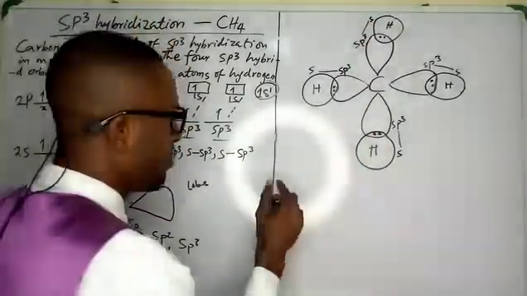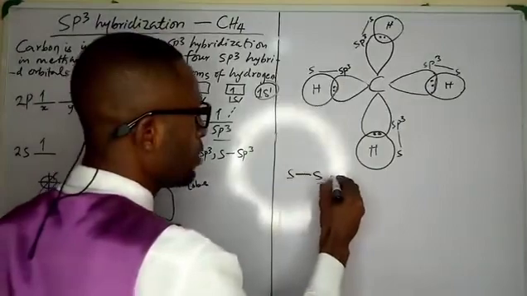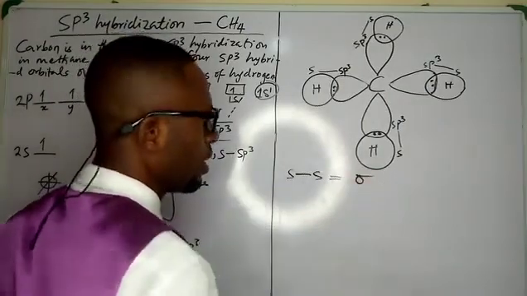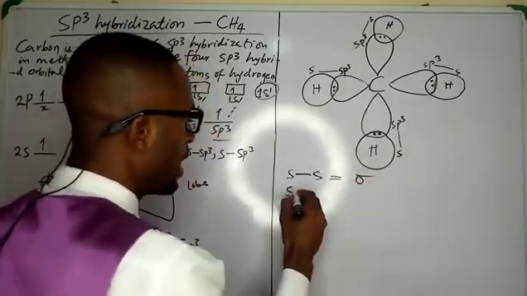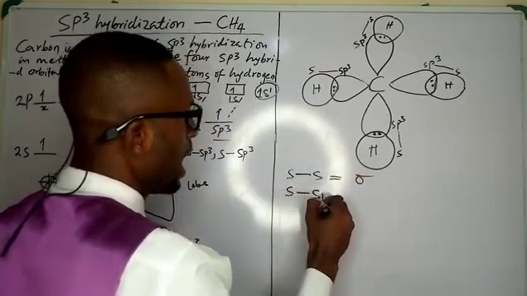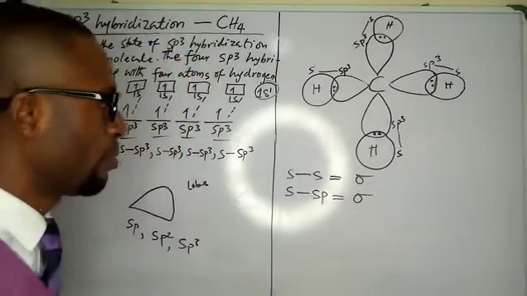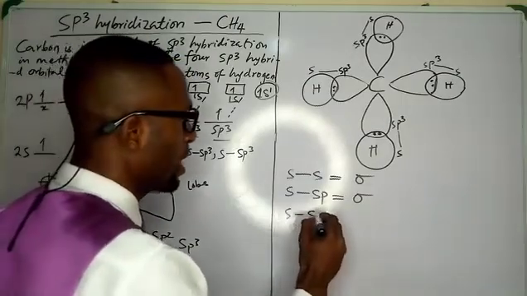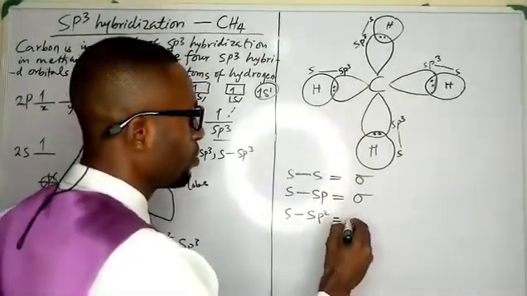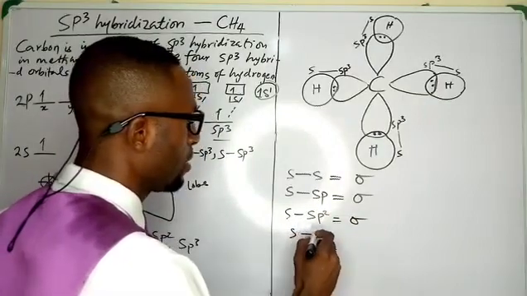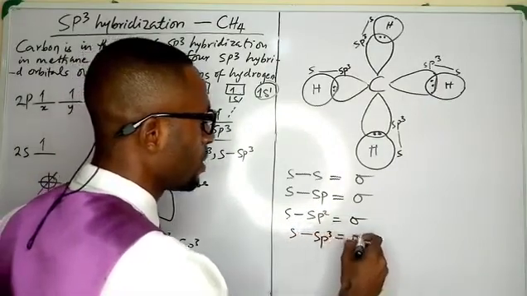Whenever you have an s to s bond, you are going to make what we call a sigma bond. Whenever you have an s to any kind of sp bond, you are going to make a sigma bond. An s to sp2 is a sigma bond, s to sp3 is also a sigma bond.